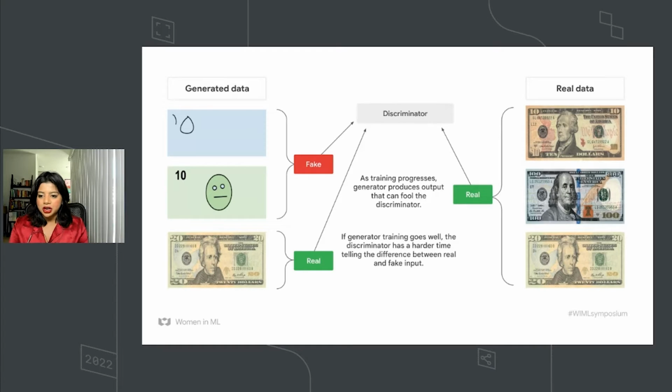Essentially, we have our generator on the left trying to create what looks like a real currency note. Its first attempt isn't that great, as you can see, and the second attempt is a little bit better, but also not that great. But as training progresses, it's finally able to generate what looks like a legitimate dollar bill.